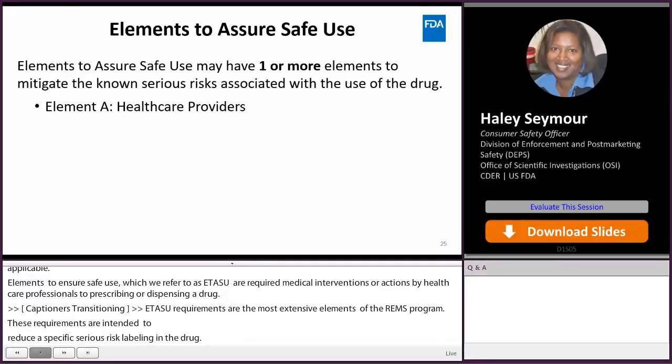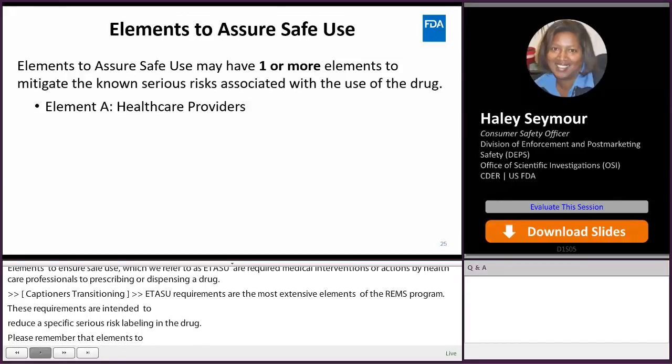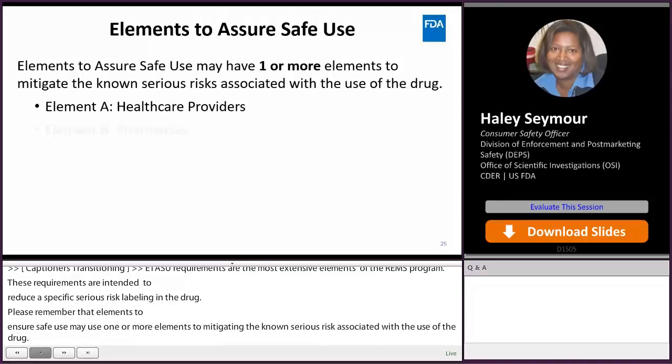Requirements for element A include that prescribers have particular training or experience, or it may require that the prescribers are specially certified. Requirements for ETASU B include certification of pharmacies or entities that dispense the drug.